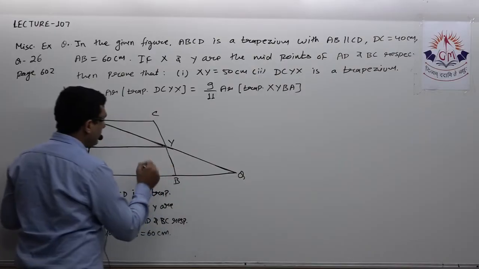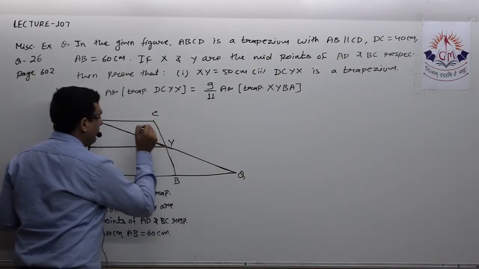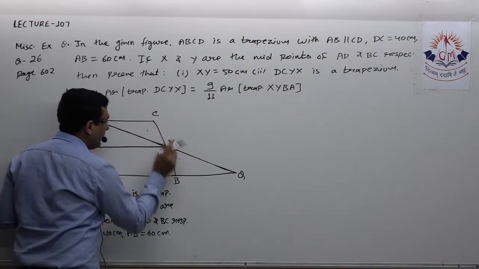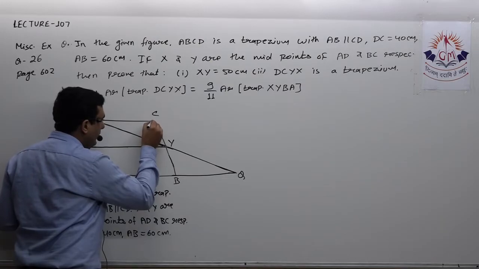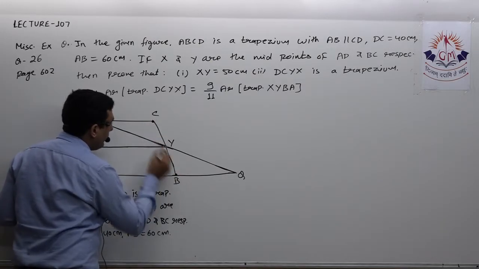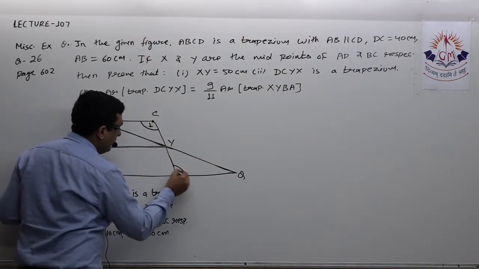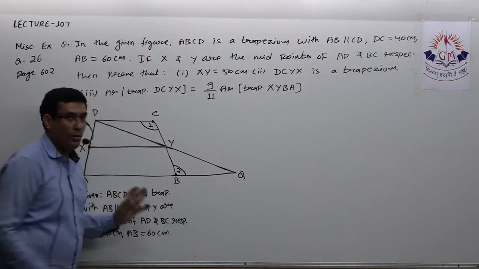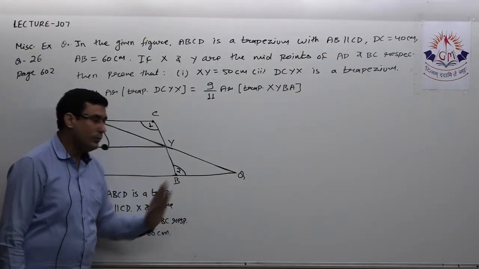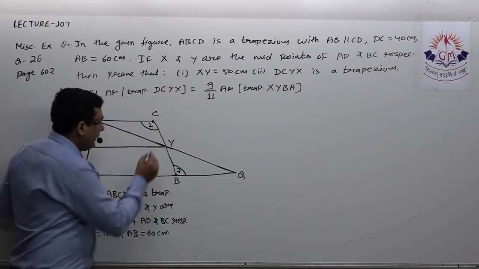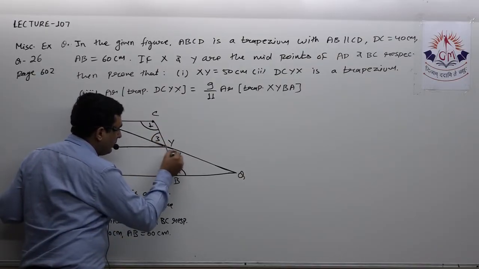So now my first target is to prove DY equal to YQ, and for that I need to prove these two triangles are congruent. One thing that I got directly is that these two angles will be equal. Let us say this angle is 1 and this angle is 2. Why are they equal? Alternate interior angles, because DC is parallel to AB or DC is parallel to AQ. Similarly, let this angle be 3 and let this angle be 4.